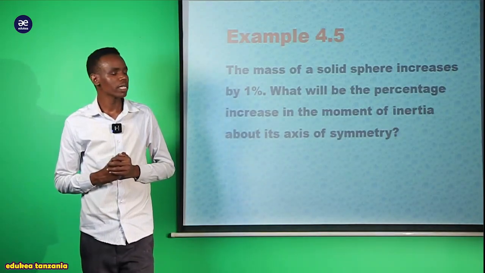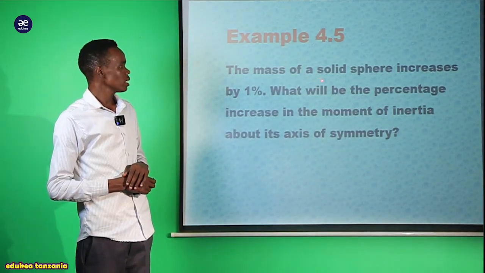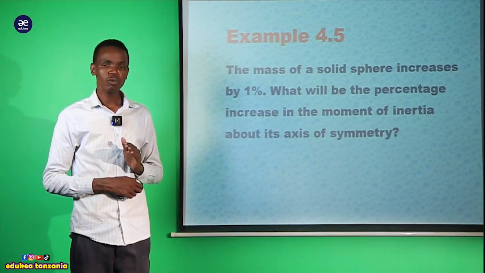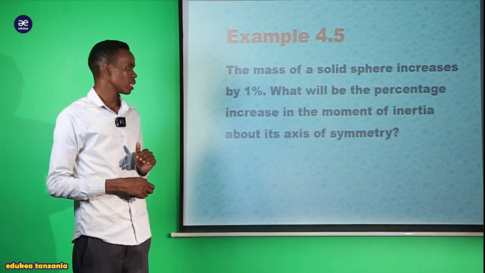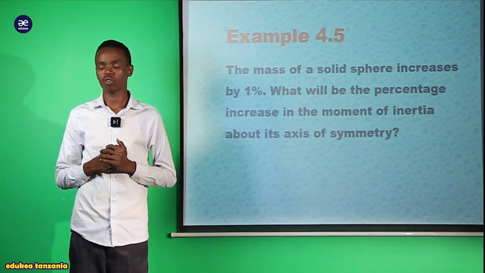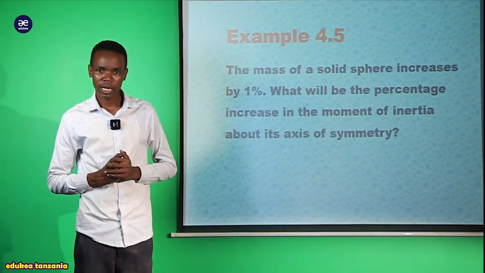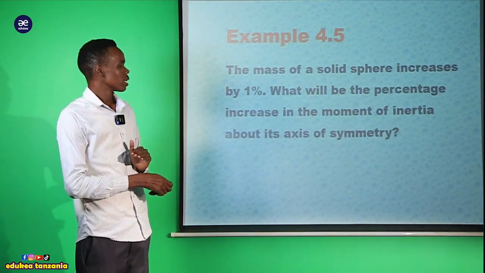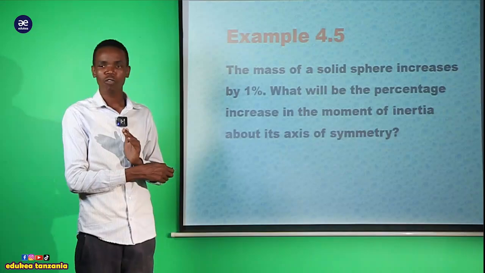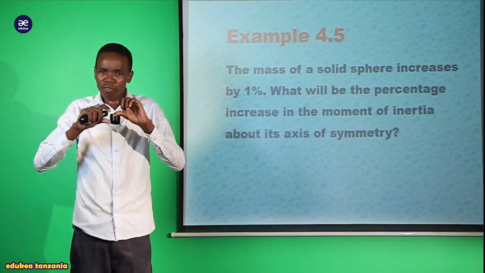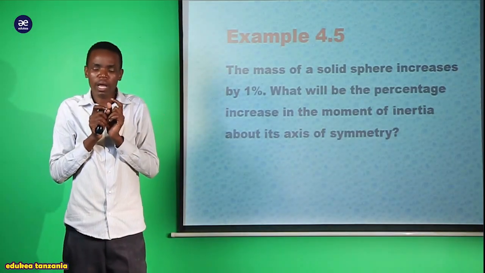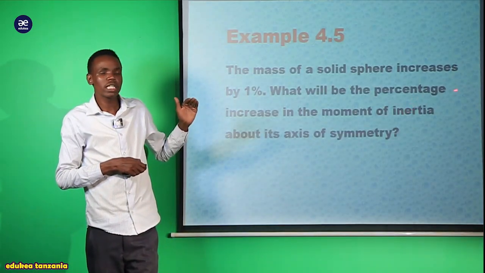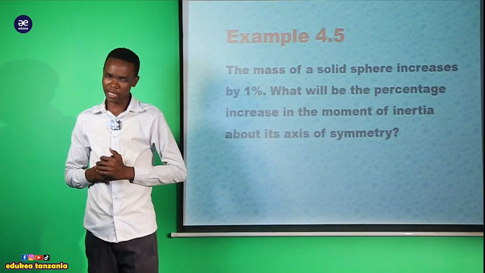And our example says that the mass of a solid sphere increases by 1%. What will be the percentage increase in the moment of inertia about its axis of symmetry? Let us read our question again. We have a solid sphere containing a mass which is increased by 1%.